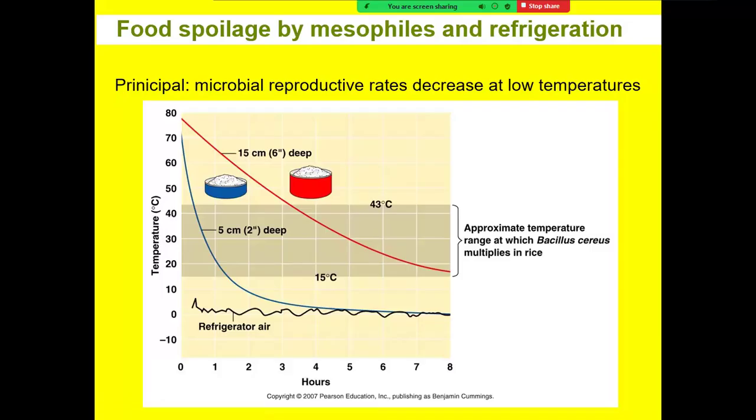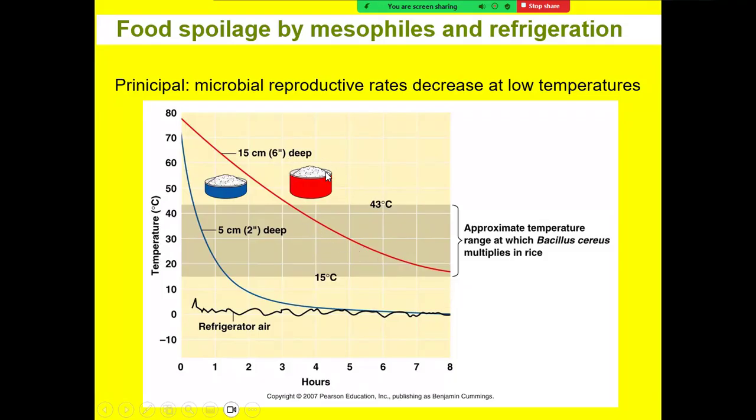For food spoilage, if you were to cook up a big batch of rice and put it in a very large pan and then stick it in the refrigerator, it may not cool quickly enough because it's in such a large batch, meaning when the temperature drops from this range to this range, it can be over 4 hours, and that will be enough time for the bacteria to produce a toxin, such as Bacillus cereus, which can be on rice and can produce a toxin.